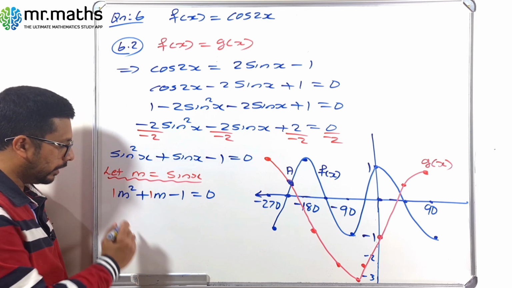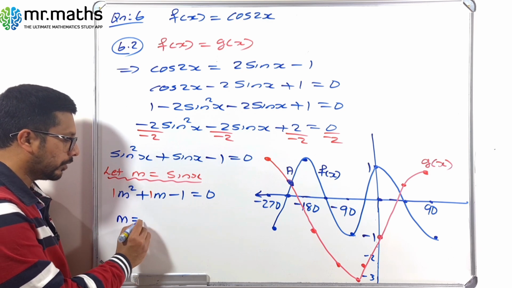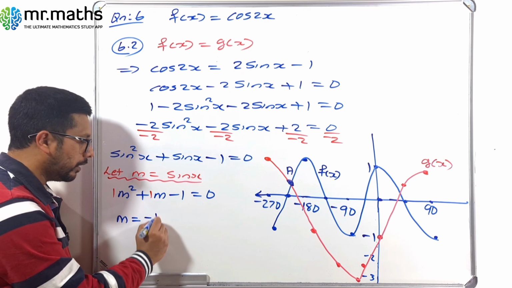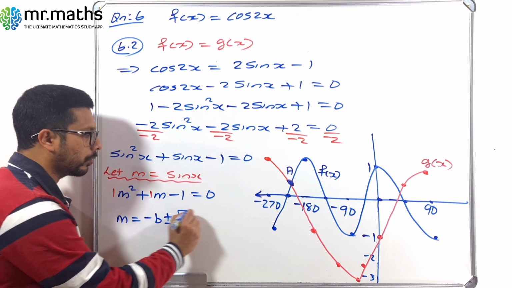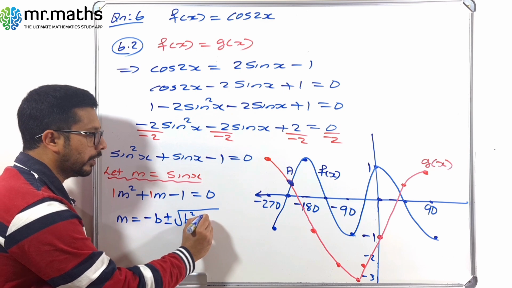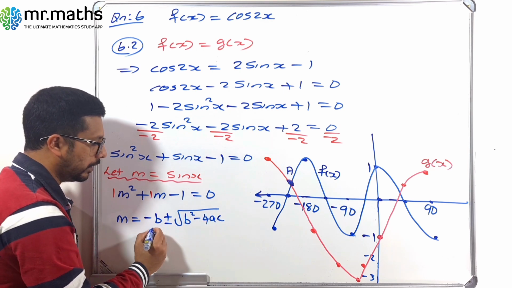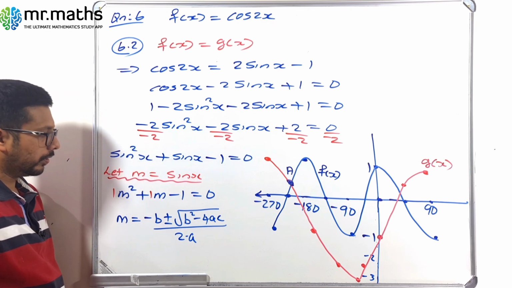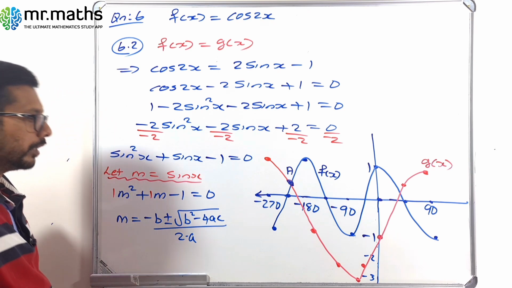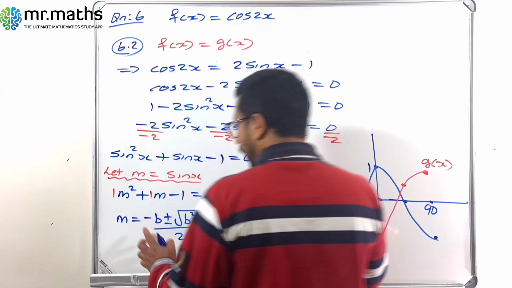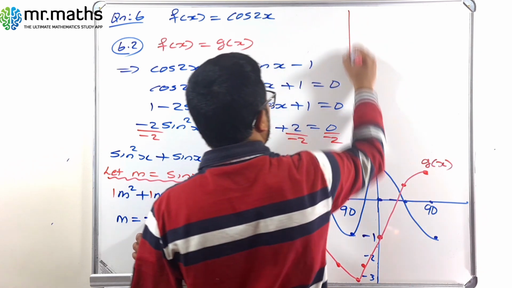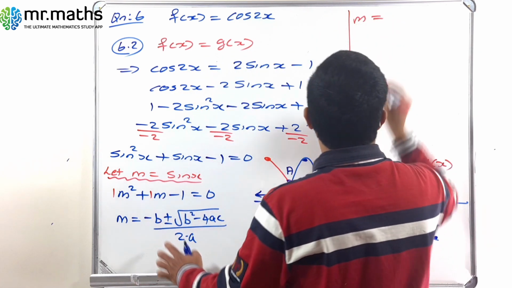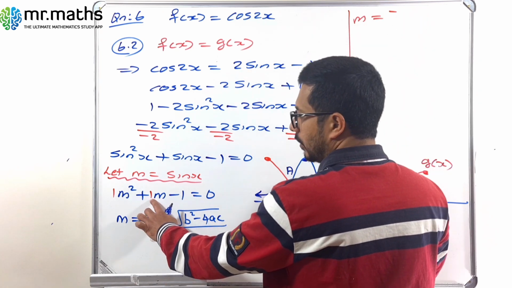So what is the quadratic formula? m is equal to minus b plus or minus root of b squared minus 4ac, divided by 2a. So here I am going to substitute those values. m is equal to minus b, what is b? 1.